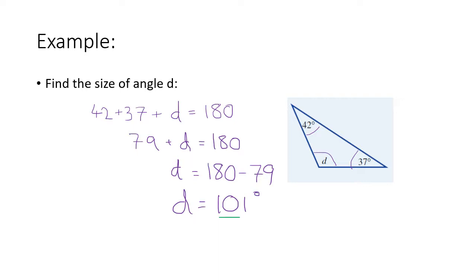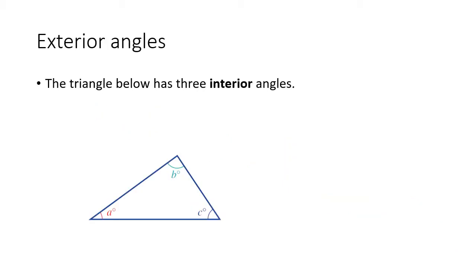So if we were going to describe this triangle, we would say that it was scalene, because it has no equal angles and therefore no equal sides. And the other thing that we would say about it is that it was obtuse angled. So we've figured out that it is a scalene obtuse angled triangle.